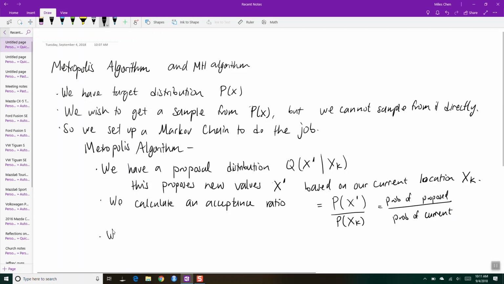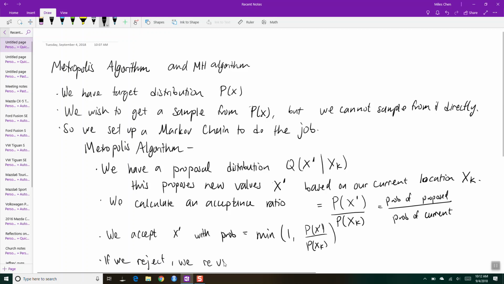And then we accept x prime, the proposed value, with probability equal to the minimum between 1 and the acceptance ratio. All right, and then if we reject, we reuse the current x value.